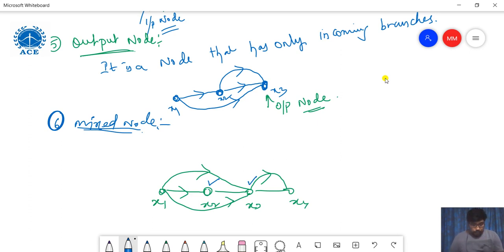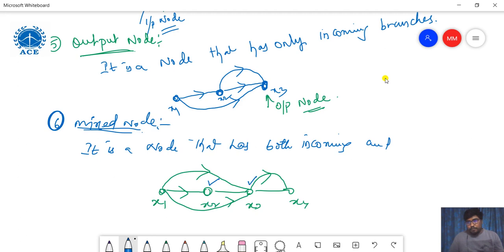Okay, so I will define it: a mixed node is a node that has both incoming and outgoing branches.